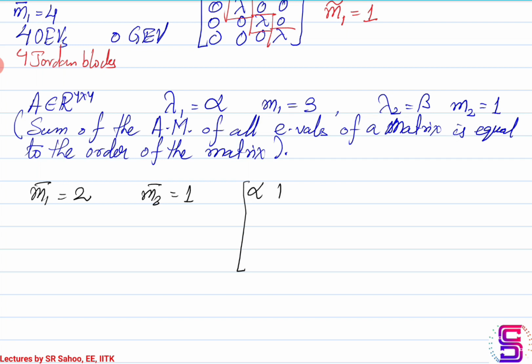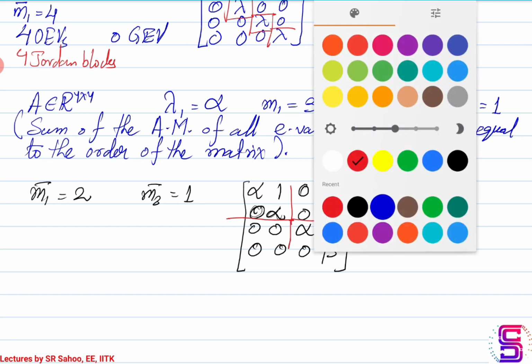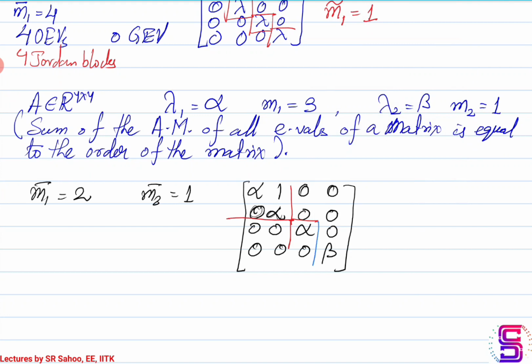M1 bar is 2, which means for the eigenvalue alpha, there would be 2 Jordan blocks, which is of this form. And then you have the other eigenvalue, which is beta. So the Jordan blocks that you have for alpha are these two, and the Jordan block that you have for beta is this.